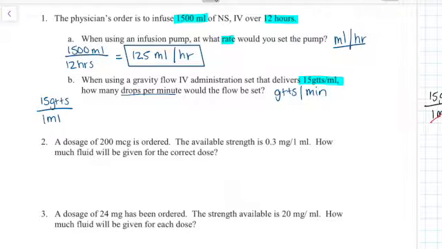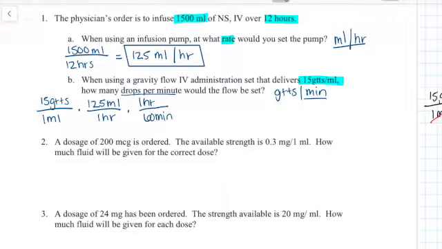We have 125 mLs per hour. And 1 hour is 60 minutes. Because remember, we want our final answer to be in minutes.